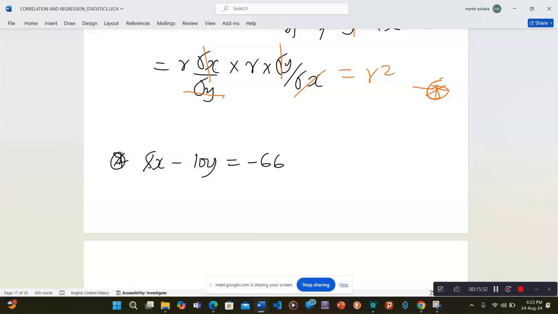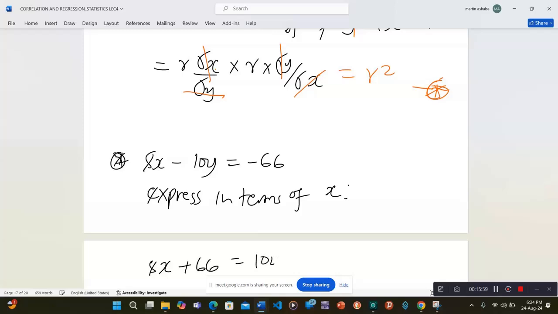So express it in terms of x, so that you have 8x plus 66 equal to 10y.